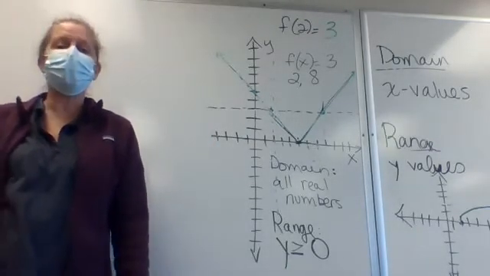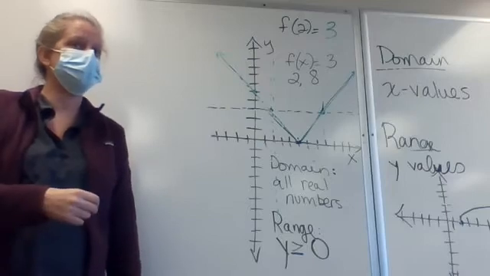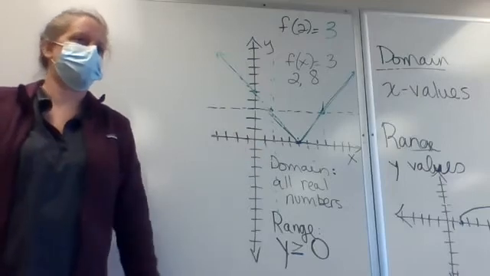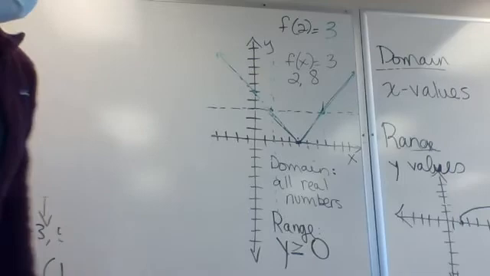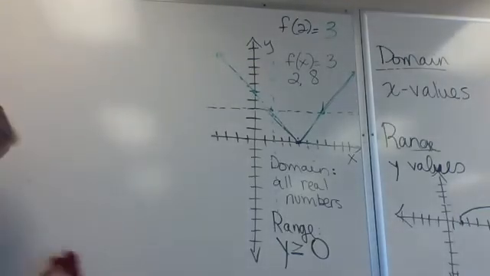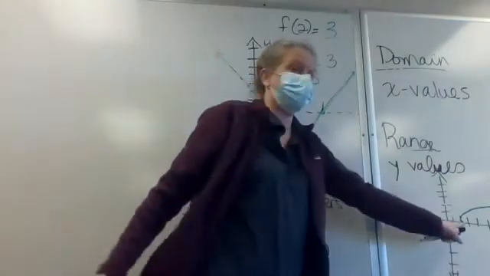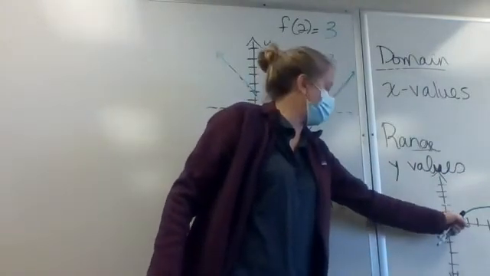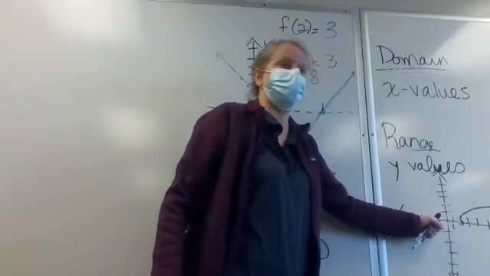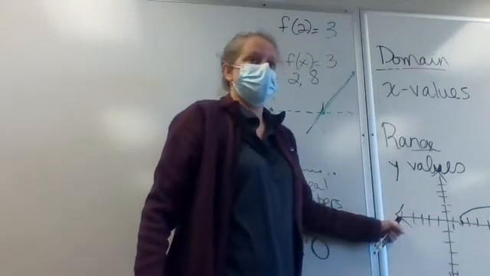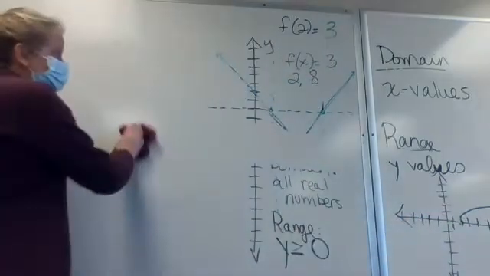Because once you find what x cannot be, then it can be all the other numbers. So let's talk about what kind of restrictions would be happening, where you would run into a situation like this, right? What is x not? It's not any numbers below 2. So that would tell me I have some restrictions.